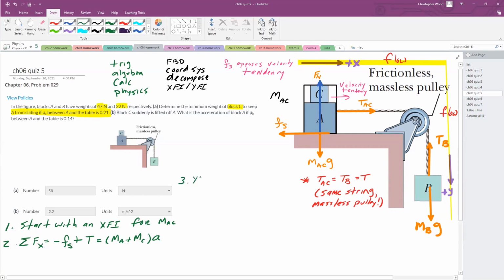So I'm going to do a Y force inventory for block B. Very exciting.